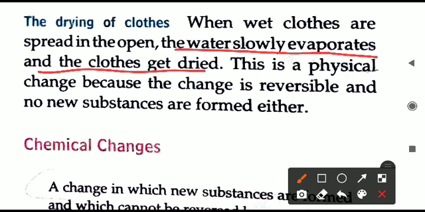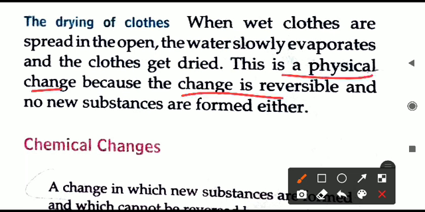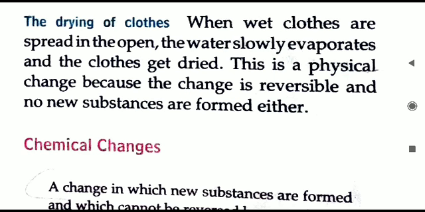In the winter it takes some time, because the temperature is high in summer and low in winter. That is why the rate of evaporation changes, and such a change, drying of cloth, is an example of physical change, because it is reversible. Any number of times you can put your clothes in water and again dry them. So it is a reversible change.